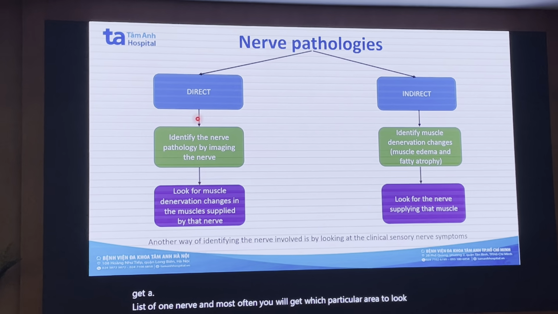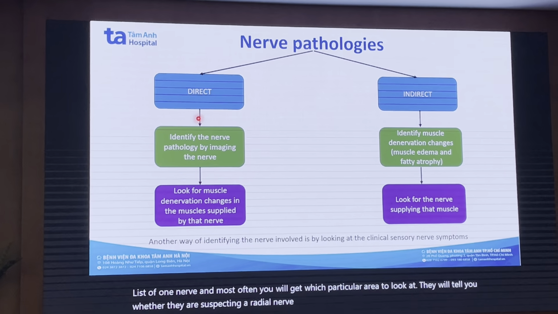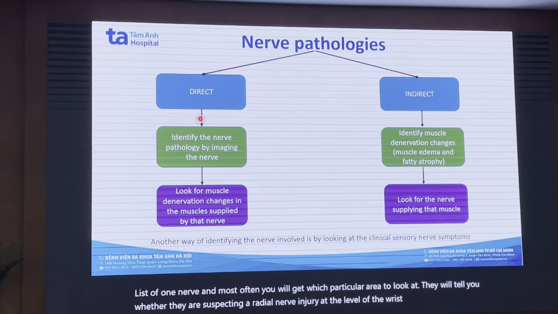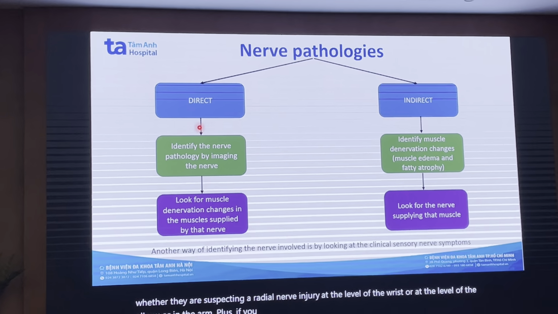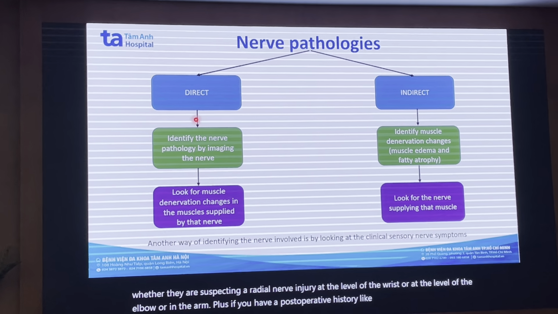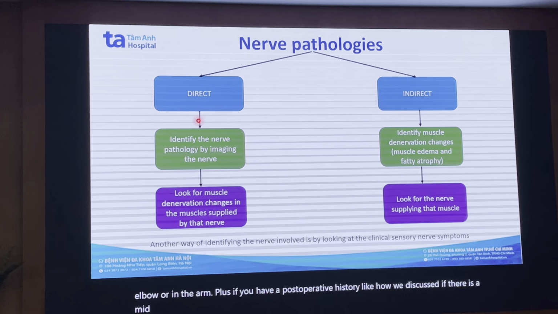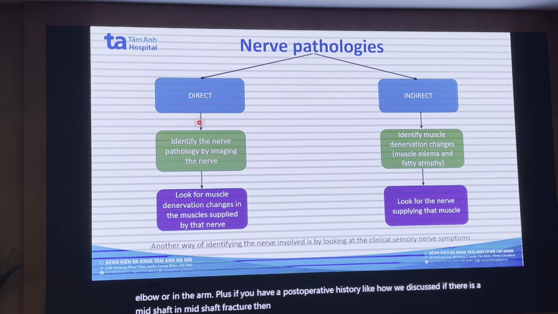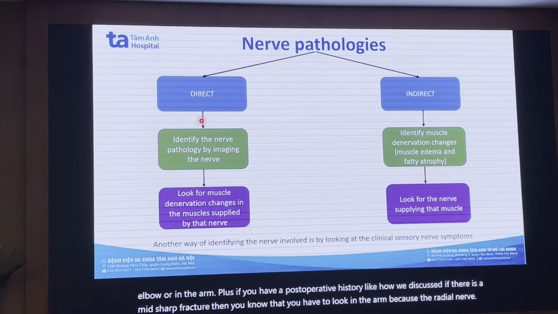They will tell you whether they are suspecting a radial nerve injury at the level of the wrist, or at the level of the elbow, or in the arm. Plus, if you have a post-operative history, like how we've discussed, if there is a humeral mid-shaft fracture, then you know that you have to look in the arm, because the radial nerve will be most likely entrapped there, okay?